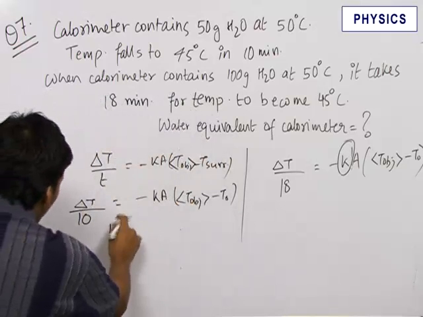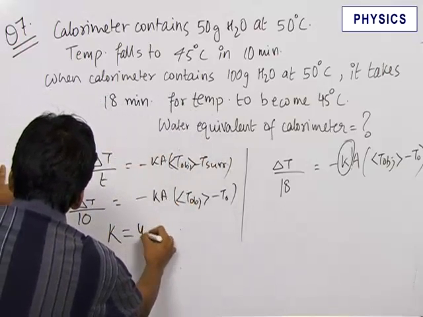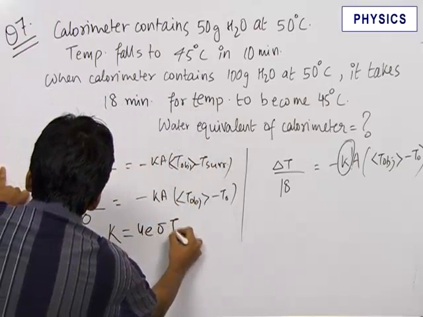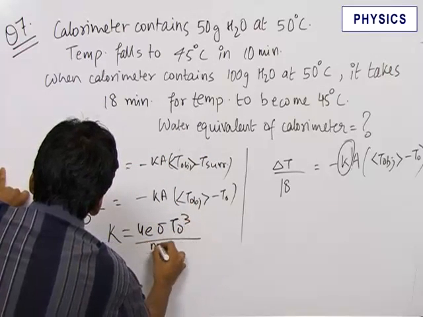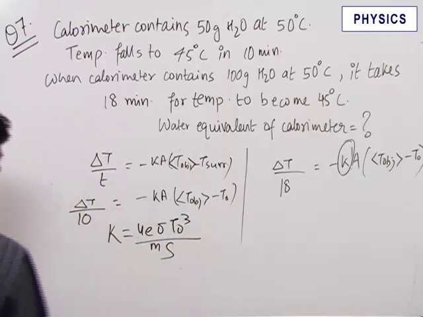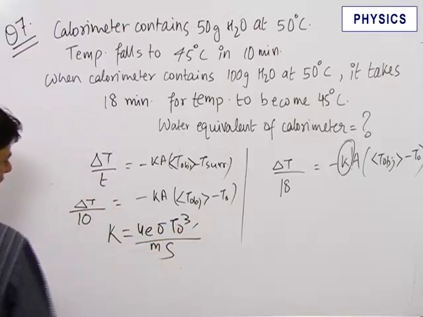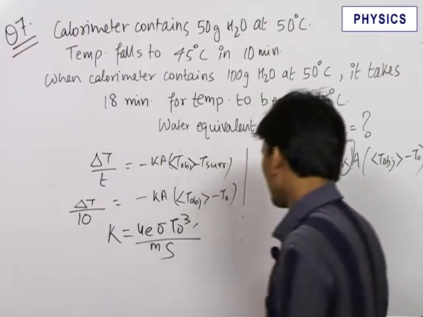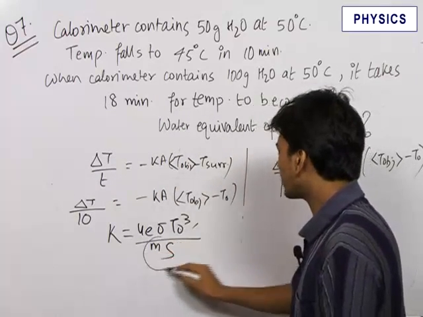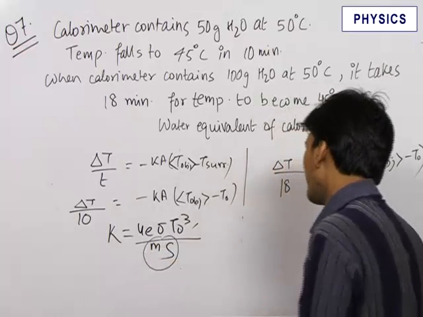But you should remember that the value of K is equal to 4 E into sigma into T naught cube upon ms, where s is the specific heat of the object, m is the mass of the object, and T naught is the temperature of the surrounding. Now the only thing which is of our concern is m into s.